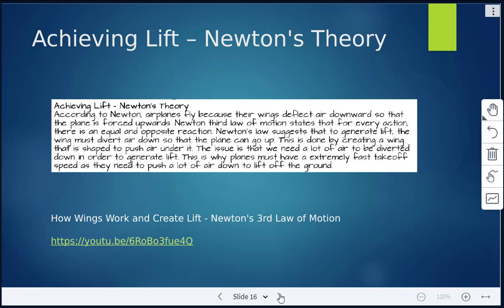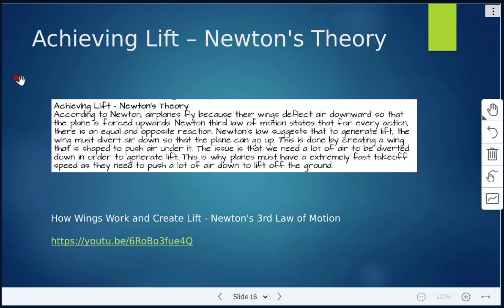Then we have Newton's theory, and his theory, airplanes fly because their wings deflect air downward so that the plane is forced upwards, because Newton's third law of motion states that for every action, there is an equal and opposite reaction. So Newton's law is basically saying that to generate lift, the wing must divert air down so that the plane can go up.